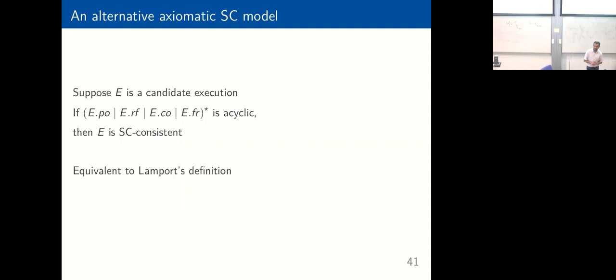Yes, the sort of read-from-before in coherence order. It may not be obvious to everybody. It certainly wasn't to me when I saw this the first time that this is in any way equivalent to Lamport's definition. But it can be proved that indeed it is.